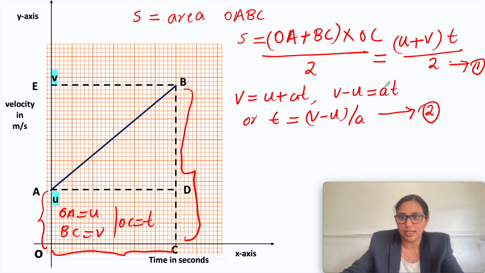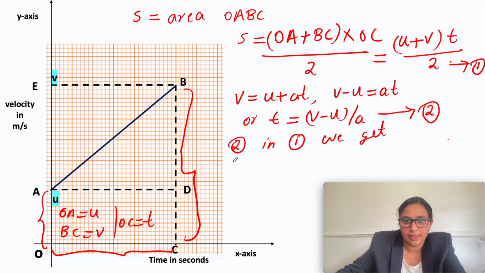Substituting t from equation 2 in equation 1, we get s = (v + u)/2 times (v − u)/a.